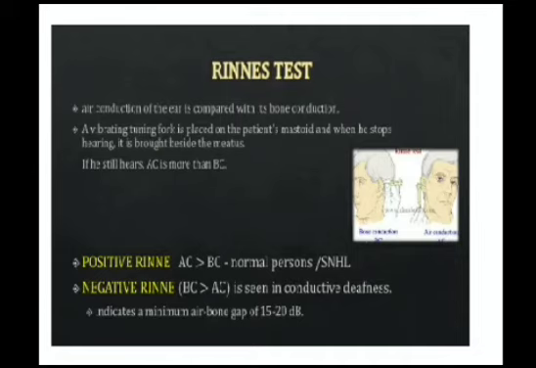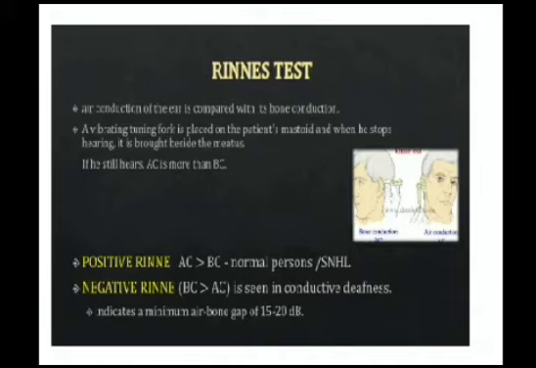Now we will talk about Rinne's test. In Rinne's test, air conduction of the ear is compared with its bone conduction. A vibrating tuning fork is placed on the patient's mastoid, and when he stops hearing, it is brought beside the meatus. If he still hears, AC is more than BC.